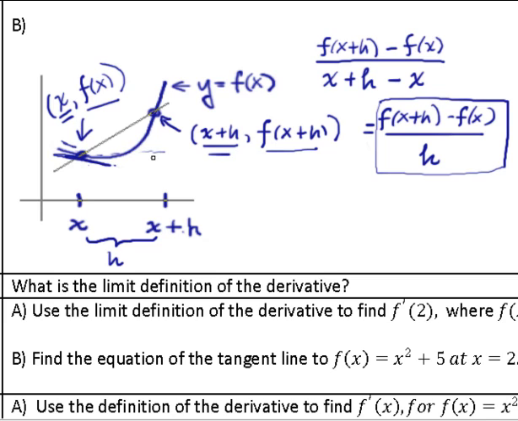Here's this dotted line, let's say, a secant line, that's getting closer to this tangent line. So as h gets smaller, the slope of the secant line gets closer to the slope of the tangent line.